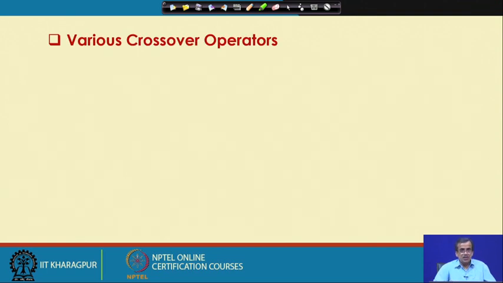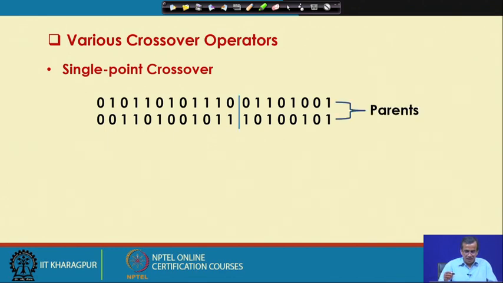Now, let us see how to implement the various crossover operators. Let me start with the single point crossover. Here, the principle is very simple. Suppose this is a particular mating pair, this is parent 1 and this is parent 2, and suppose there are 20 bits.